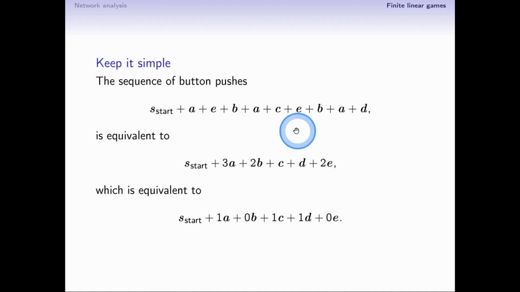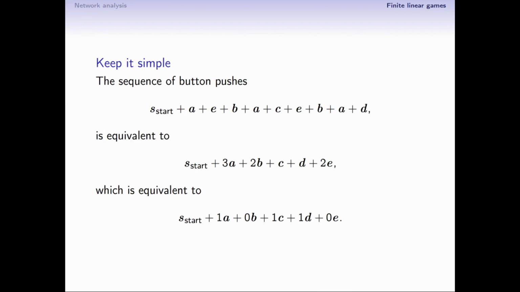So effectively, when we see an odd number of hits on button A, here we see the 3A, that's equivalent to just hitting button A once. These 2 hits on button B are equivalent to not hitting button B at all. We've got the 1 hit on C, the 1 hit on D, and the 2 hits on E is equivalent to not hitting button E at all. It's like adding the 0 vector.